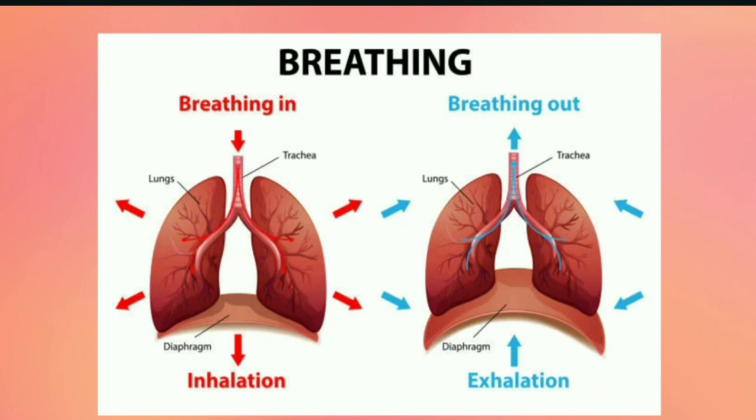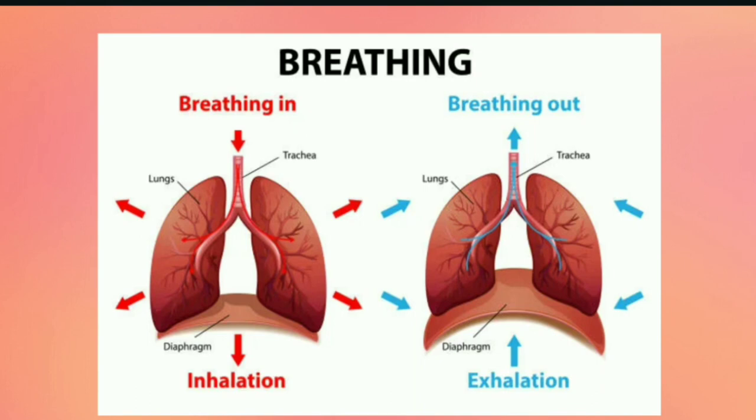When we breathe in air, the intercostal muscles contract, pushing the ribs outward and upward. At the same time, the diaphragm contracts and moves down. This increases the space inside the chest cavity. Air enters our lungs and they expand.